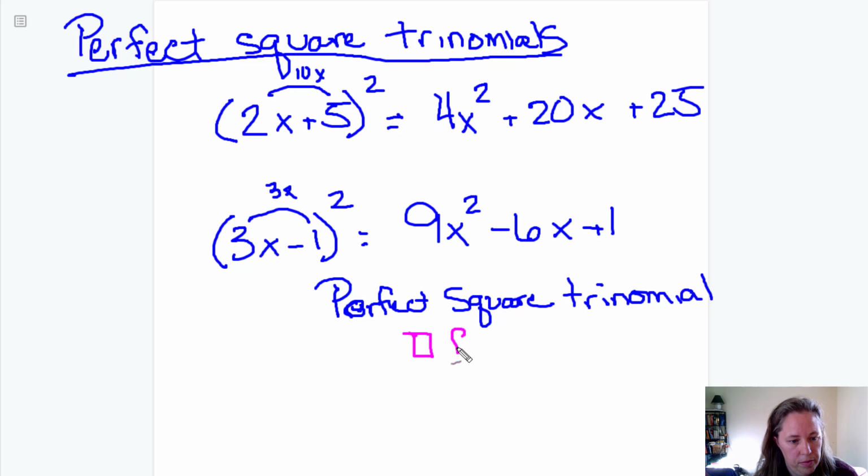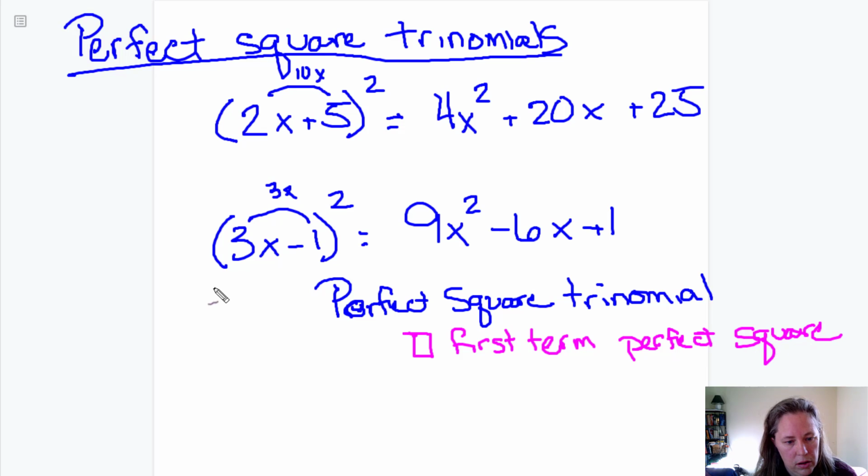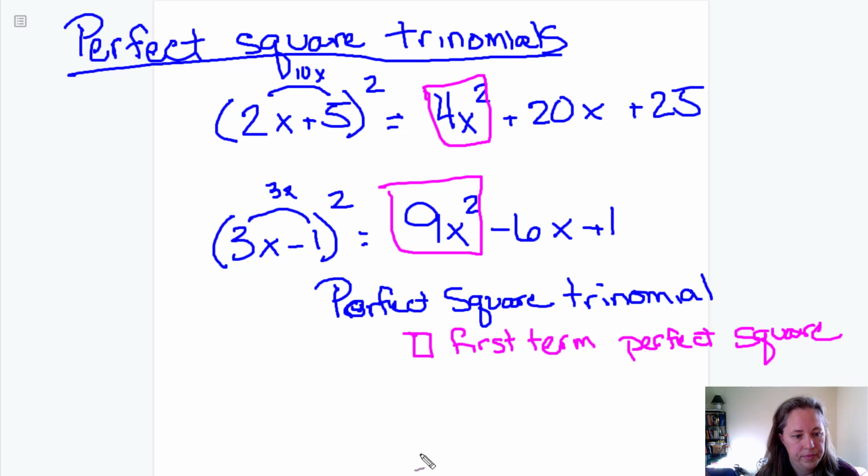The first term is a perfect square. So 9x squared, boom, perfect square. Also 4x squared, perfect square. Okay.